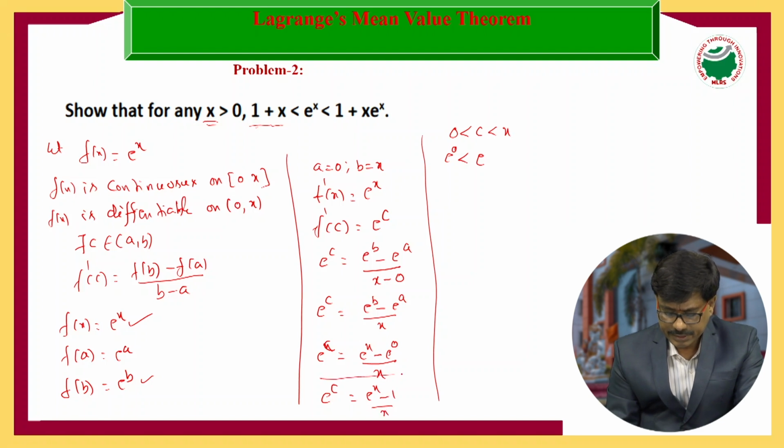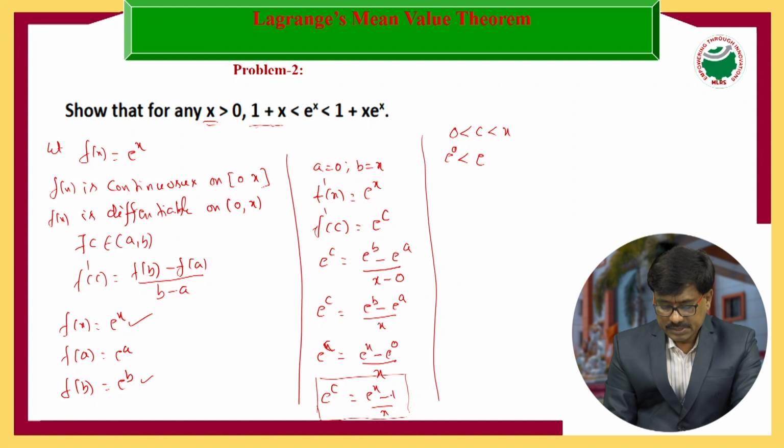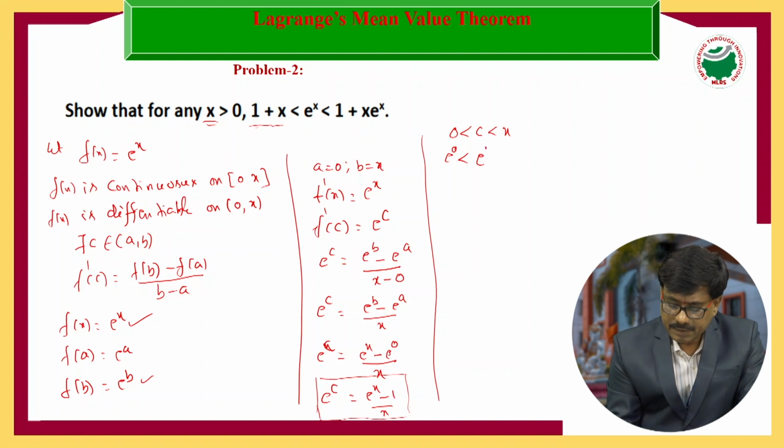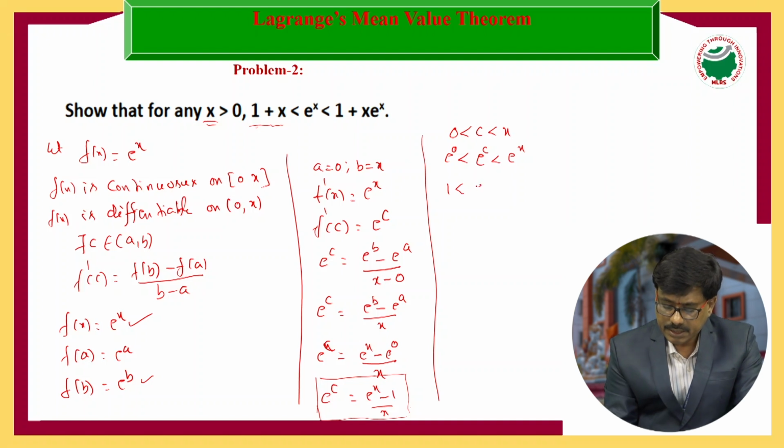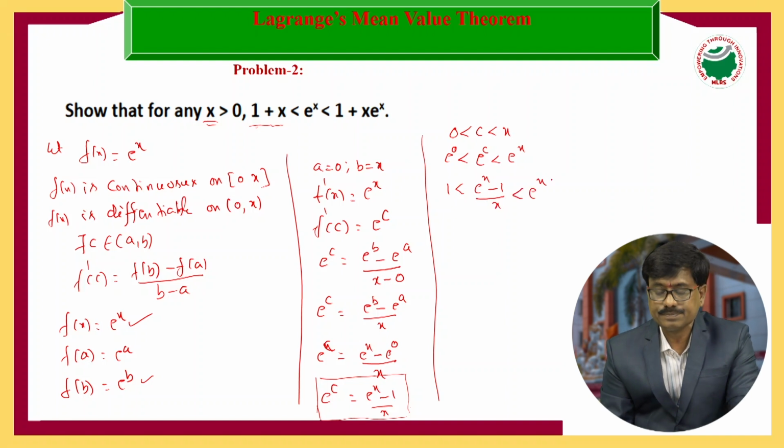This condition we need to apply the inequality. Whenever we need the inequality, what is e power c value? e power c equal to e power x minus 1 by x. Let us take e power 0 less than e power c less than e power x. What is e power 0? 1 less than e power c, which is e power x minus 1 divided by x, less than e power x.